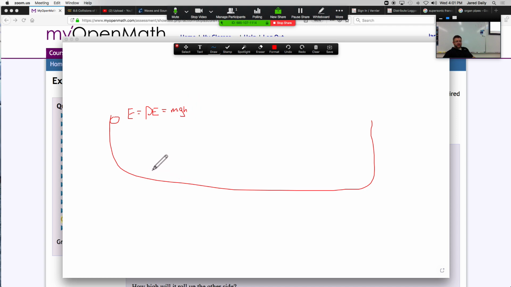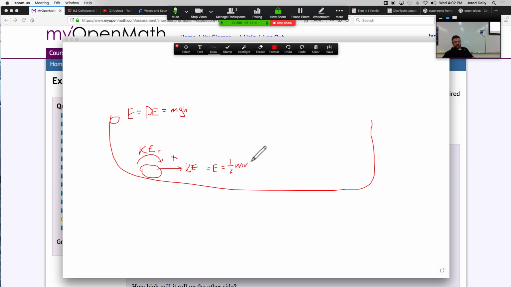And then down here, the ball has linear kinetic energy from moving forward, but it also has this rotational kinetic energy. And we have to add those two together to get the total energy. And of course, linear kinetic energy is 1/2 mv squared.